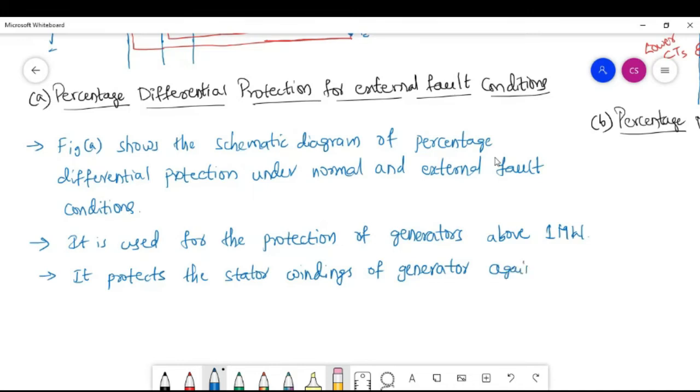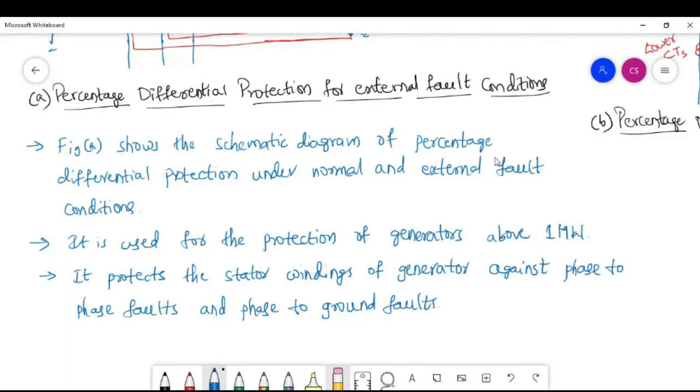against faults. Against faults means we can mention phase-to-phase faults and phase-to-ground faults.